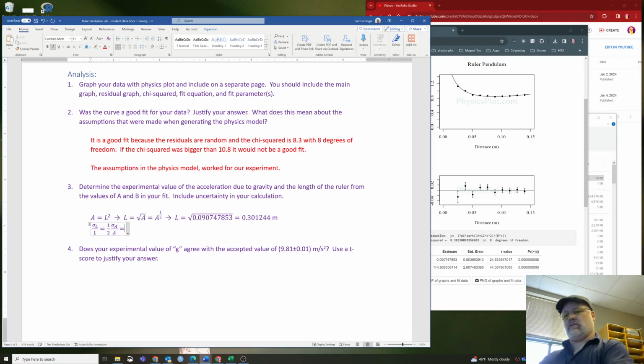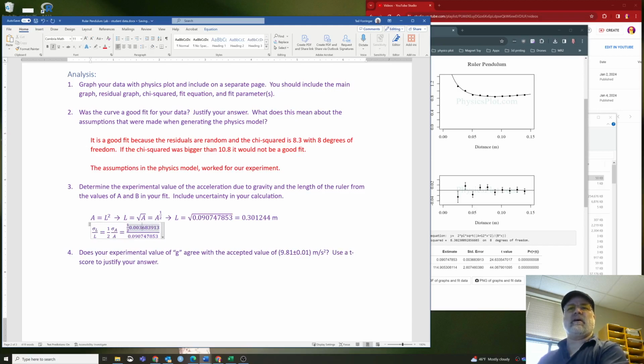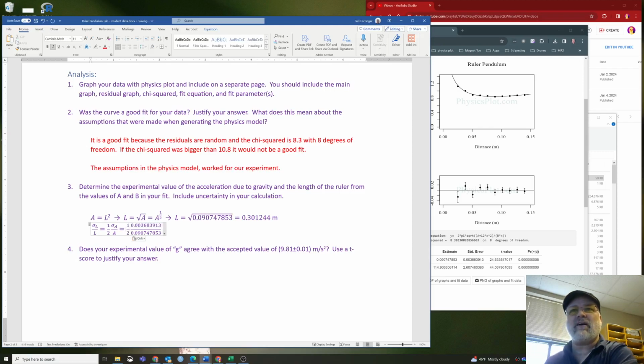So that means this is equal to 1/2 times the uncertainty in A, which we find over here, 0.003683913, divided by A, 0.090747853.